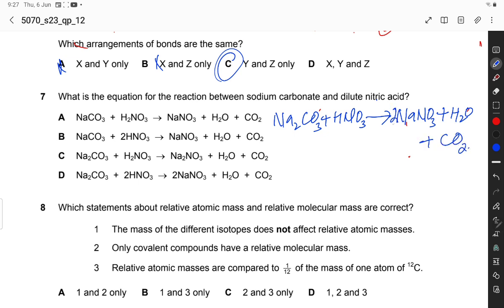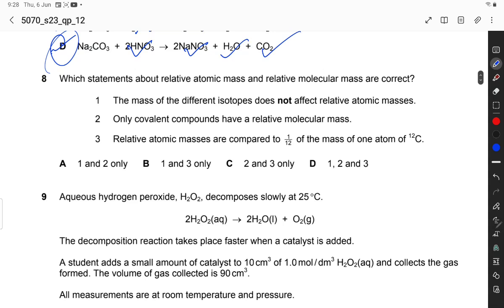Balancing: 2NaNO3, 2HNO3, and 2 threes are 6 and 3 is 9. So Na2CO3 plus 2HNO3 gives 2NaNO3, water and carbon dioxide. D option is the correct option.